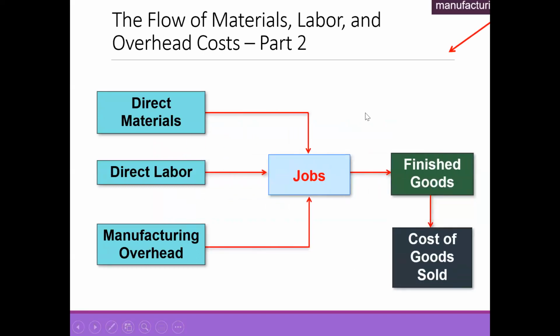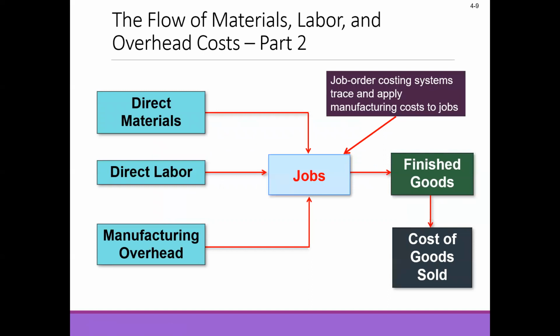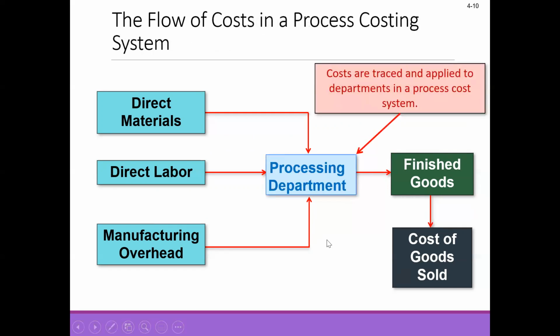Now, job order costing traces the various costs to specific jobs, and then once they're completed, they go into finished goods until they're sold. But in a processing system, instead of putting them into a job, we put them into a department.